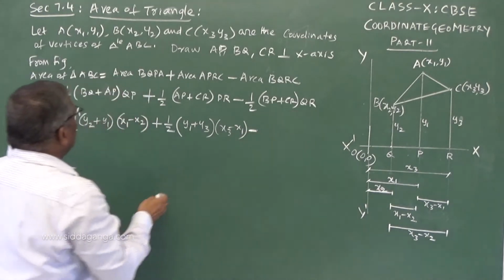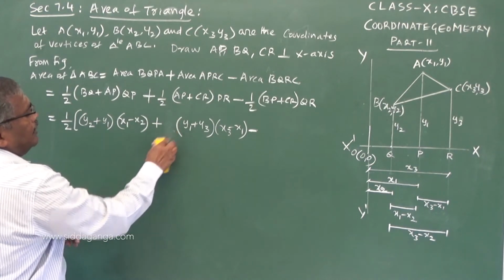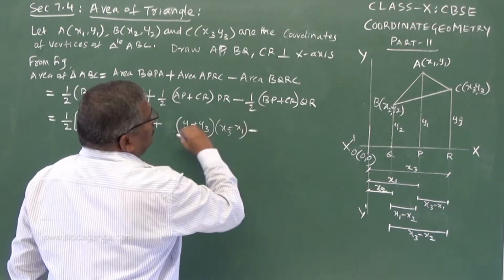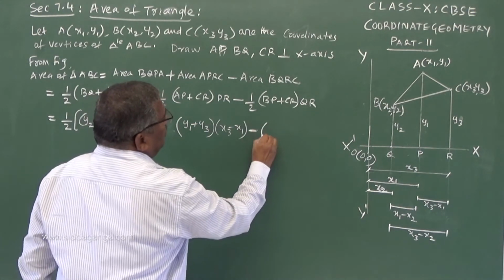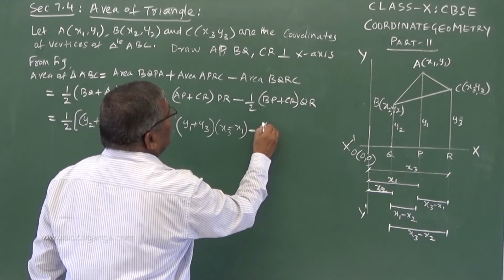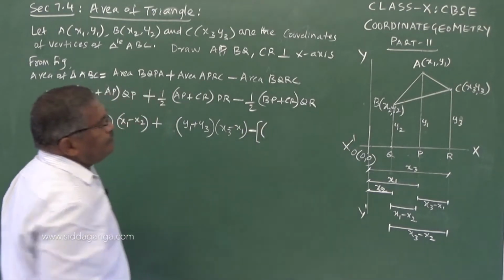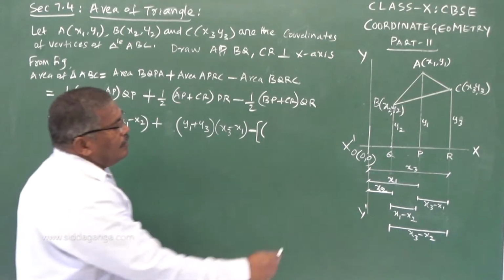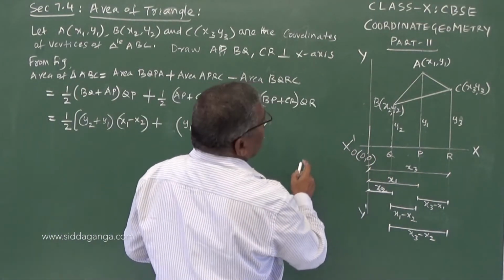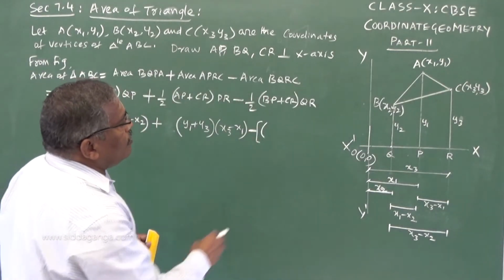Minus, sorry, I have taken 1 by 2 outside, need not write here again. So this is also taken outside, BP. Because of this minus, I will put a bracket here. BP is BQ plus CR.